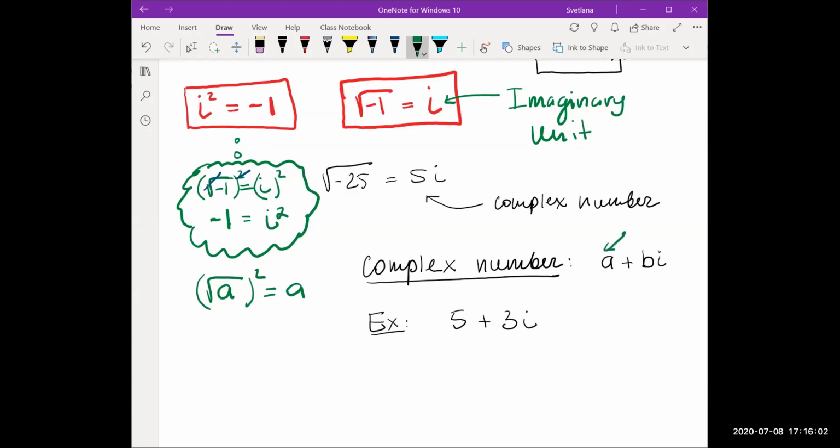This is the real part, because it's always just a real number: 5, 7, it can be a fraction, it can be a radical like the square root of 2, but it's something you can find on a number line. So numbers you can find on a number line. And then the second part is called the imaginary part.